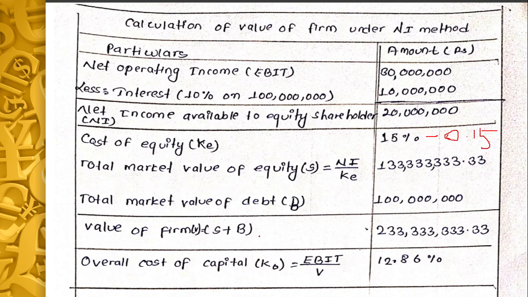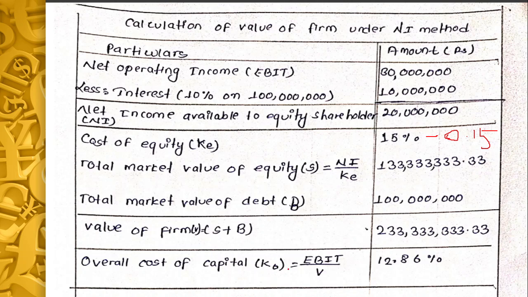So the entire value of the firm would be the addition of total market value of equity shares and total market value of debt, which stands at 233,333.33 rupees.